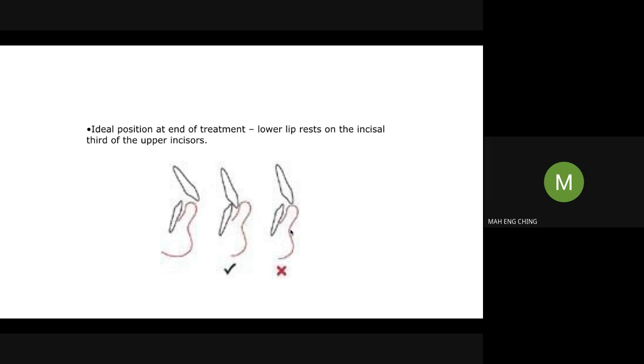That's considered an unstable result, because the upper incisor can always come forward again without the lip resting on it. So the ideal position at the end of treatment is that the lower lip should rest on the incisal third of the upper incisor. The incisal third, again, is a metric number. It's about 2 to 4 millimeters. So the lower lip should rest on top of the upper incisor, about one third.